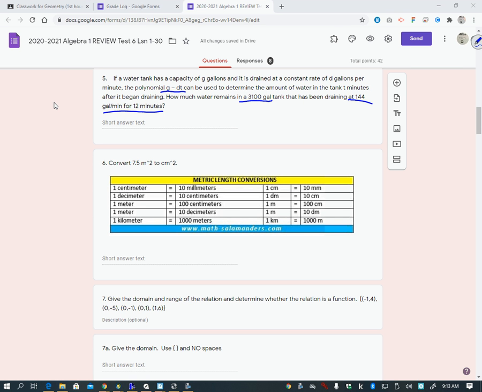So what is getting subbed in for G? All right, so 3,100 minus, what is D? Gallons per minute, right? So 144. All right, and what is T? Times 12. So all I have to do is that math right there.